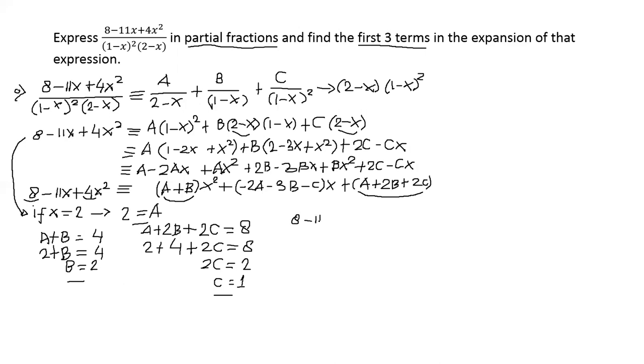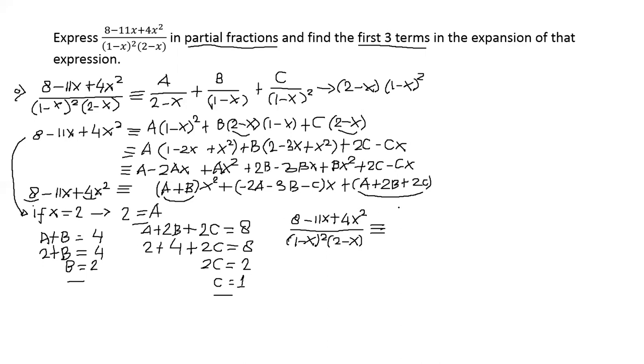8 minus 11x over (1 minus x squared)(2 minus x) is identical to, how much?